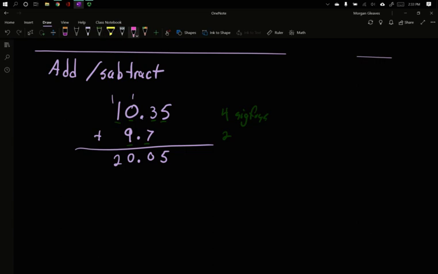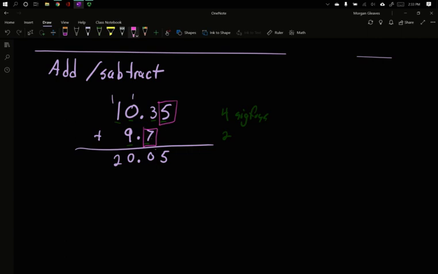So for both of these, find whichever significant figure is the farthest to the right in the number. Since we have a decimal, they're past the decimal. For our first value, that's the 5. It is 2 spots past the decimal. For our 9.7, that is the 7. It is 1 spot past the decimal.